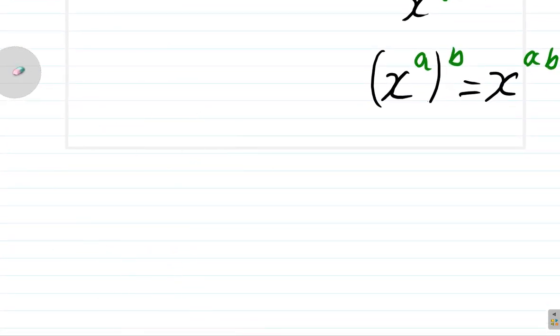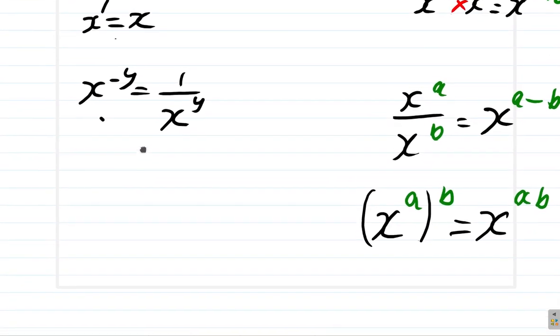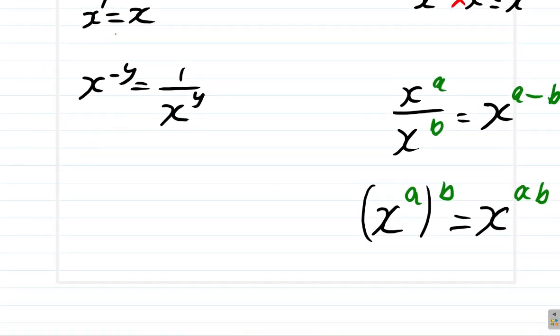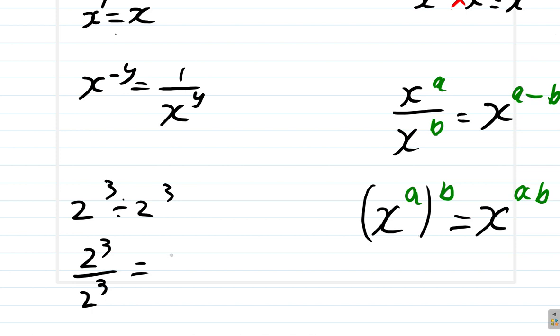Let's look at one more result before we finish. Suppose the numerator and denominator numbers were the same. What would happen? Instead of 1 more or 1 less and so on. Suppose you have 2 to the 3 divided by 2 to the 3. You know it's going to be 1.